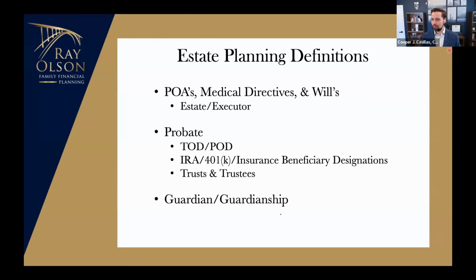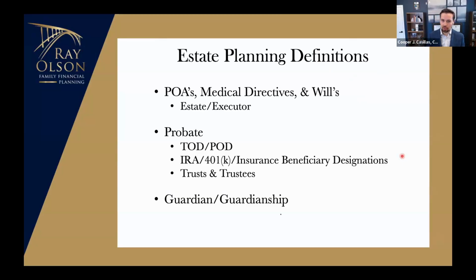I'm young. I don't have any intentions of dying anytime soon, and nor do I even want to think about me dying. But it is super, super important because life happens, things happen. And if you don't have a plan in place, you don't have these documents in place, then the state and the court system is going to decide who gets what. Right. And that's not ideal.